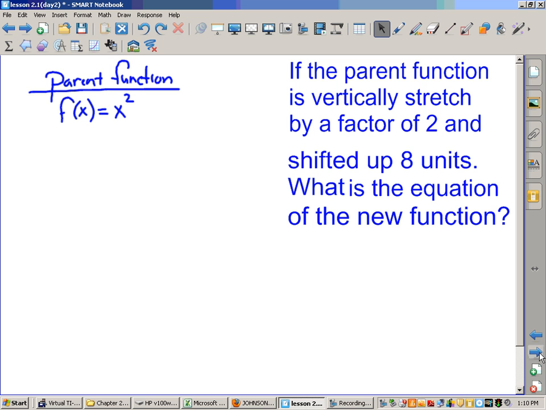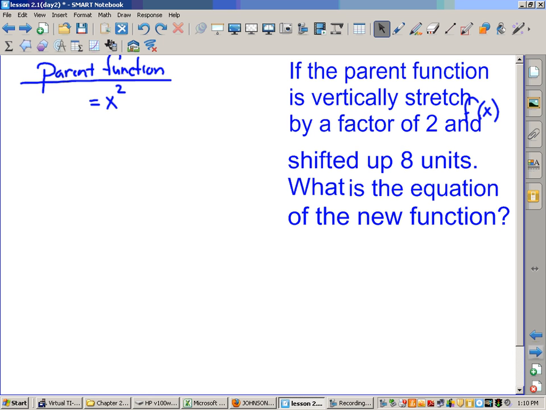Your homework assignment tonight is going to have something just like this, but they're going to have this parent function all inserted in here. So don't freak out when it says reflect f of x equals x squared. Give me the formula. Flip it up. Whatever you think you're going to get.